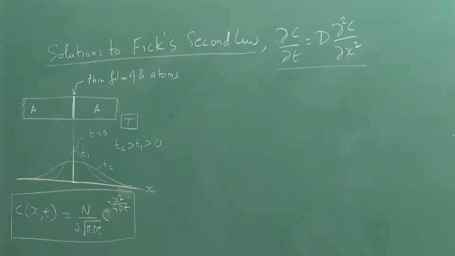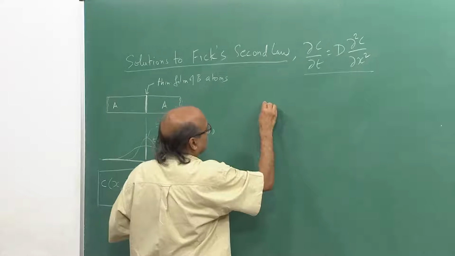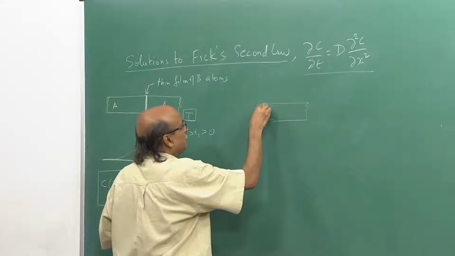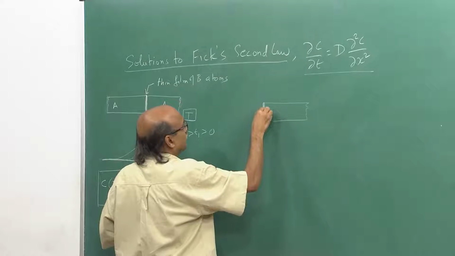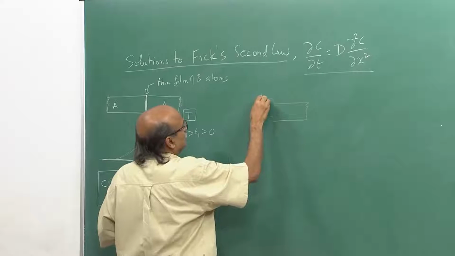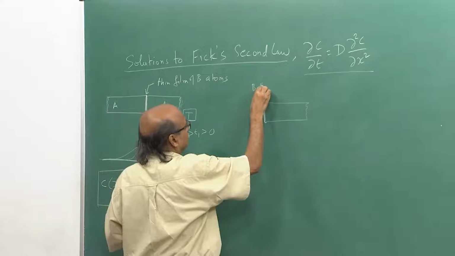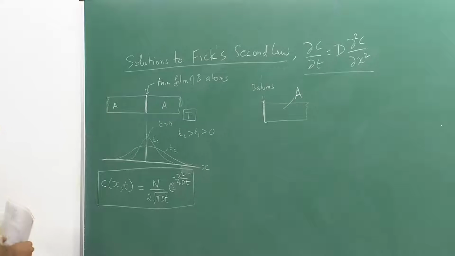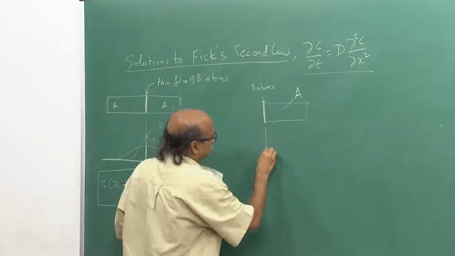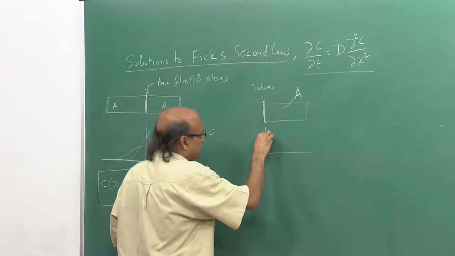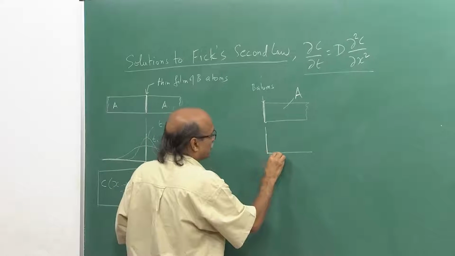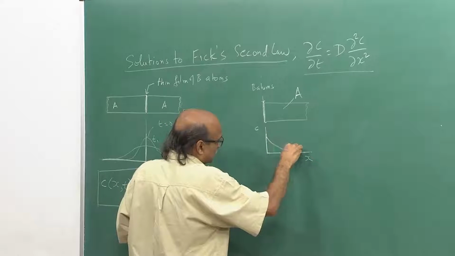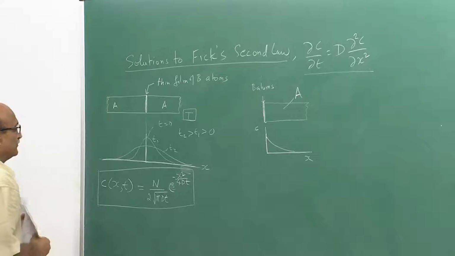You can also have a situation like this, that I have a long rod and at the end of this rod I coat a thin film of B atoms, and this is all pure A. Then at time t equal to 0, this is my concentration profile of B, and then at later times my profile is going to become something like this.